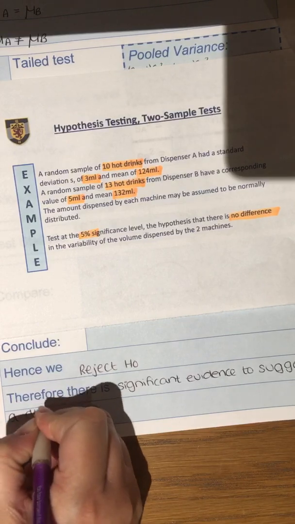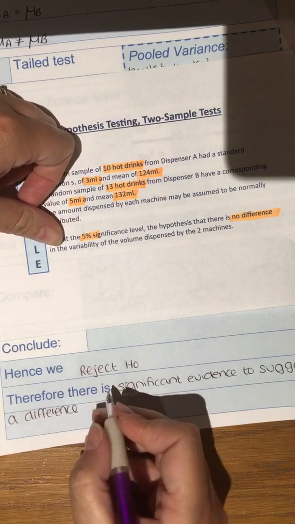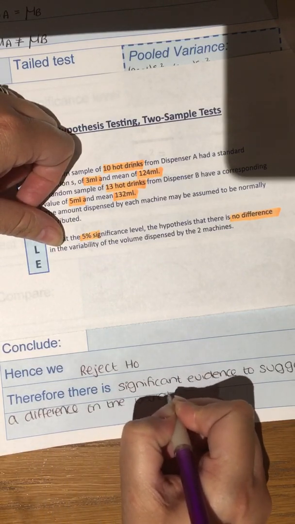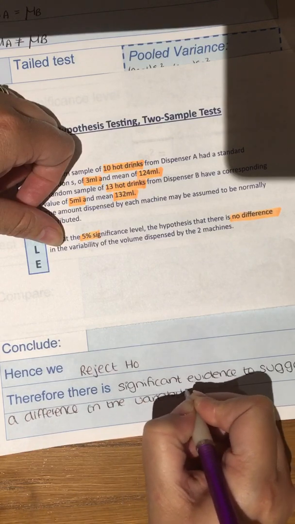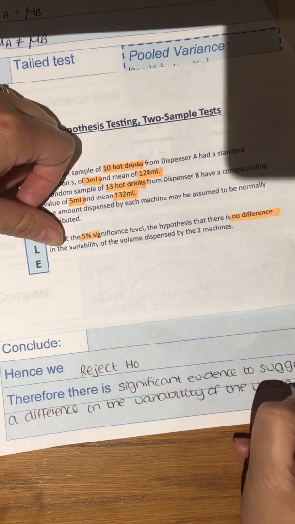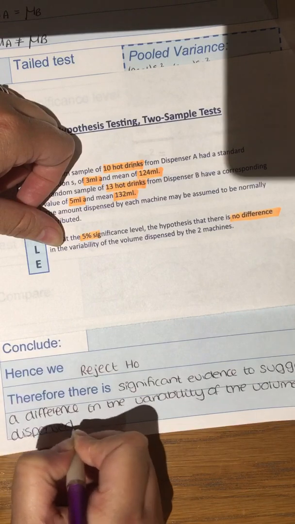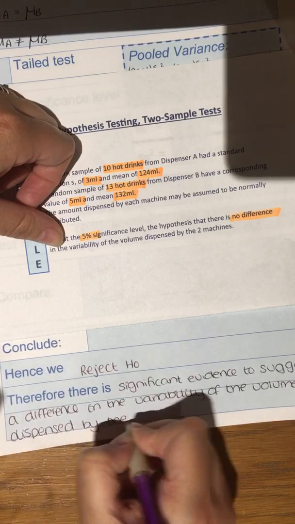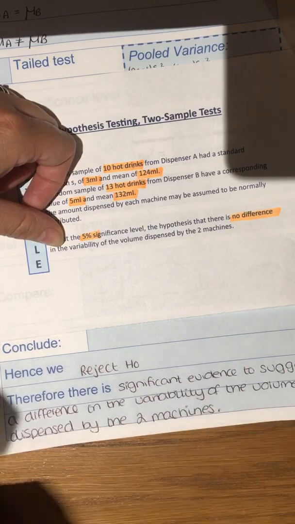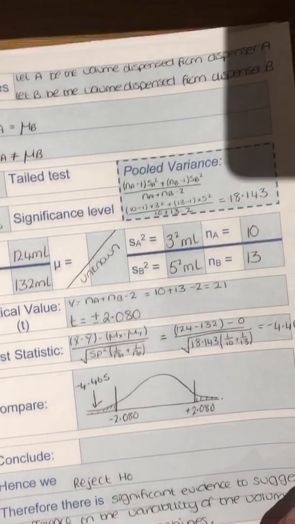A difference in the variability of the volume dispensed by the two machines. And there is your answer.